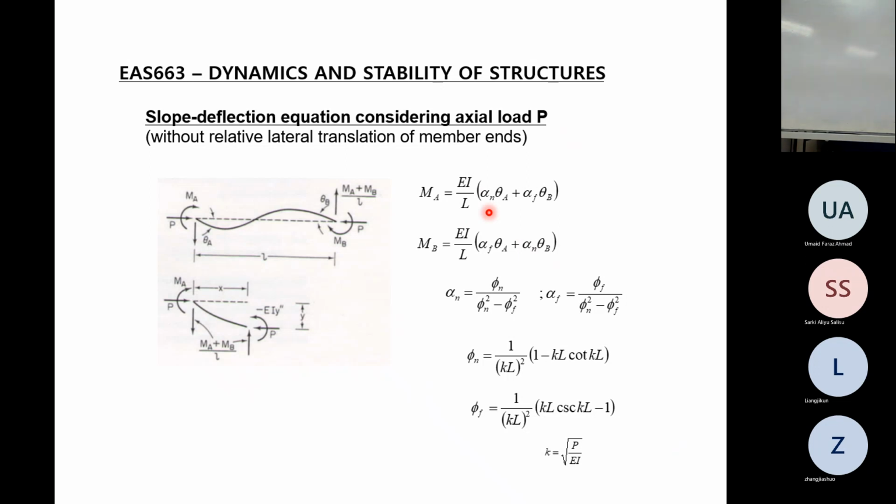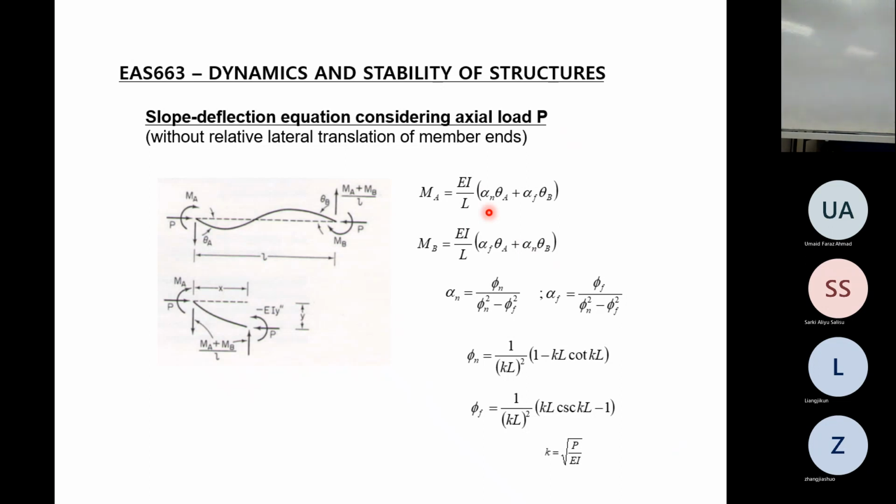So alpha n is a kind of coefficient representing bending stiffness. As for the detailed equations for alpha n and alpha f which I showed you, you don't have to memorize them because they are very difficult to memorize. You will be given this set of equations if you are asked to solve a problem like this.